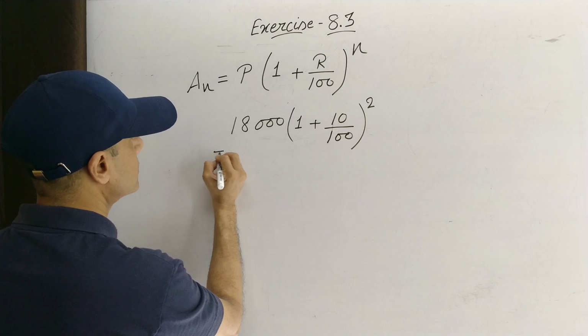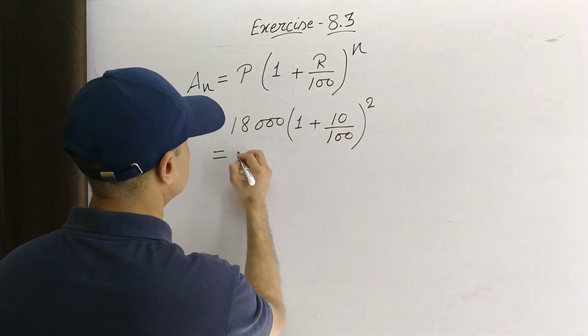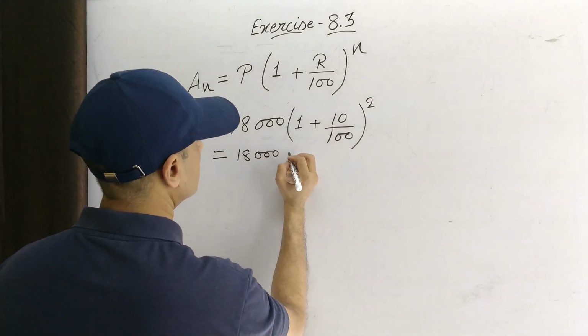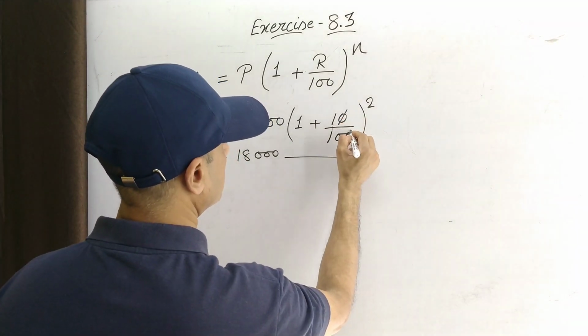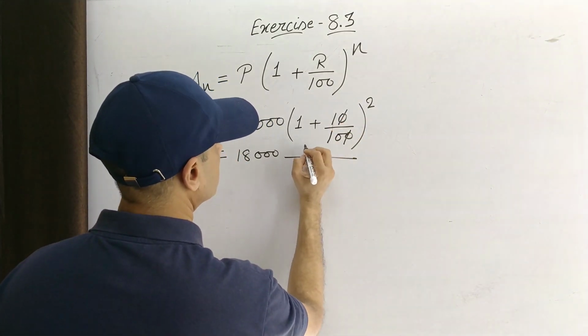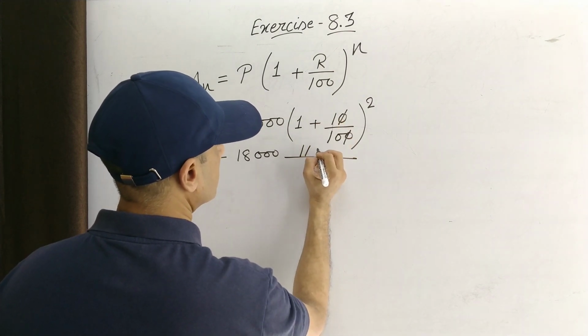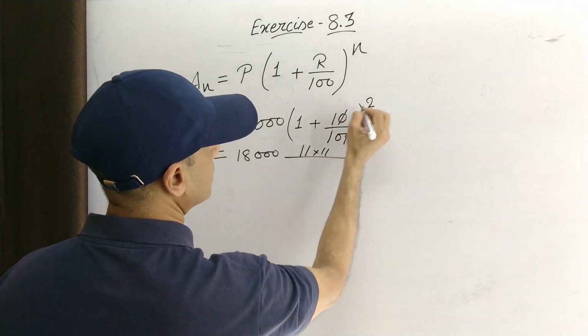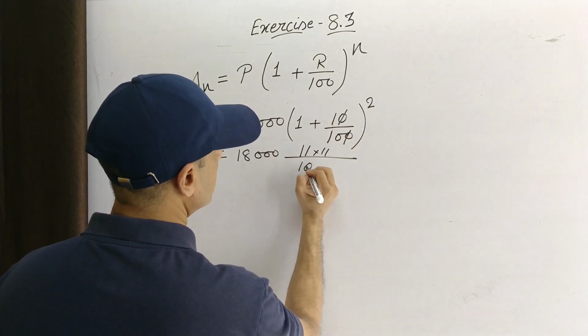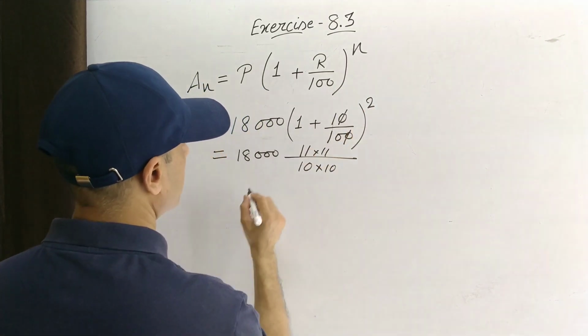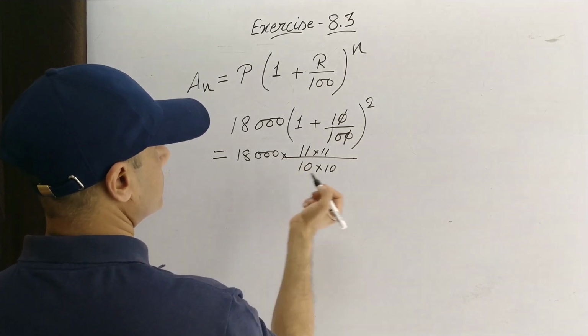So let's solve this. We get the value as 11 into 11. This will be 10 plus 1 squared. So 11 into 11, and here will be 10 into 10, 10 squared. This is multiplied. Clear?